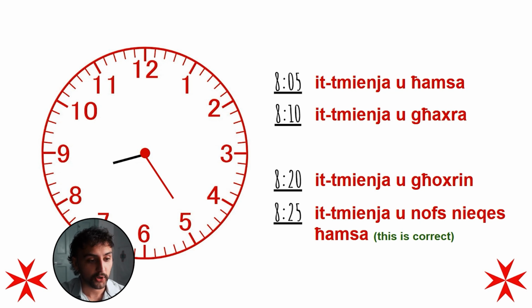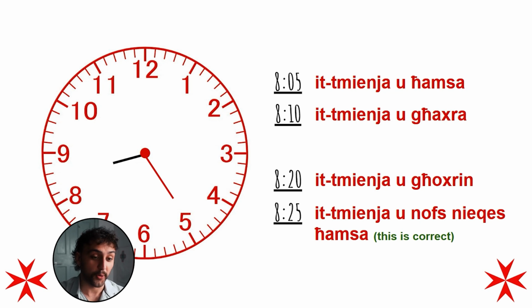Anyway, by now you're probably wondering why I haven't told you how to say 8:15 yet. That's because whenever the 15 is involved when telling the time in Maltese, we don't actually say the number 15. Instead, we just say the Maltese word for quarter, which is quite simply quart.